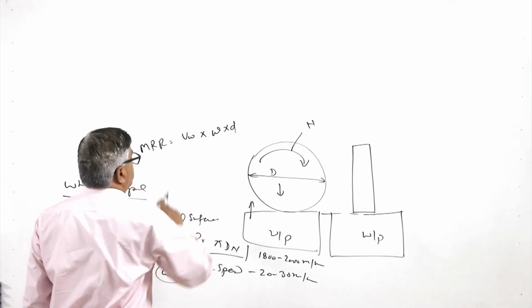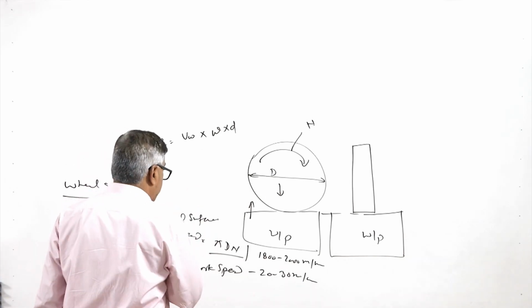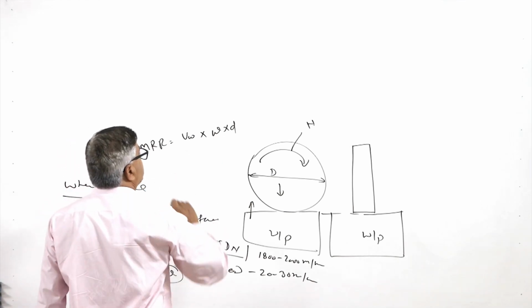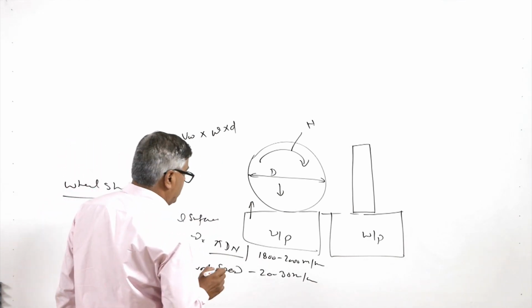So, V W is the speed at which the workpiece is engaged with the grinding wheel.